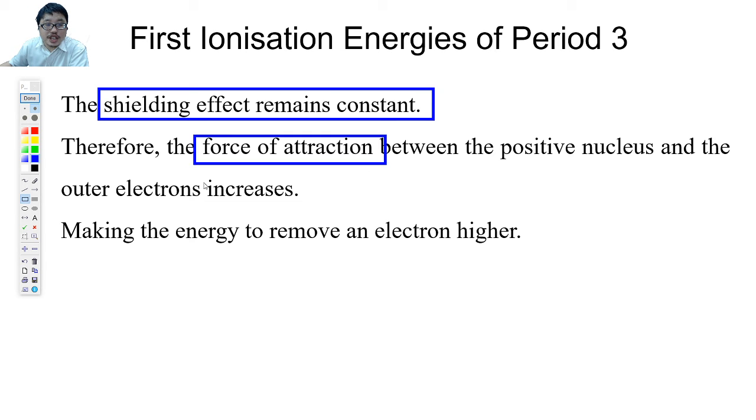Therefore, the force of attraction increases because of three factors, remember: nuclear charge increases, distance decreases, shielding effect remains constant. The attraction between the nucleus and the outermost electrons increases, making it harder to remove that electron. Therefore, first ionization energy of period 3 elements increases across the period.